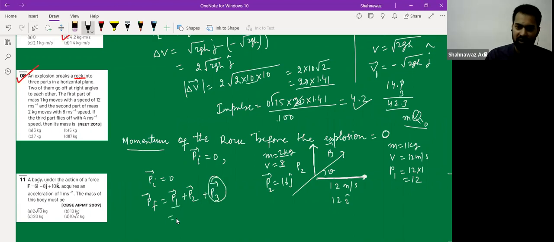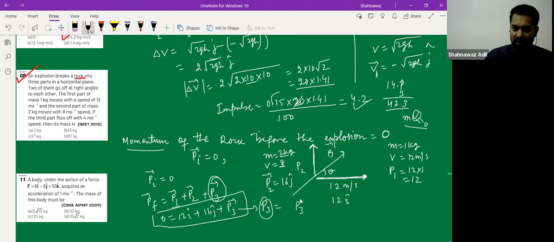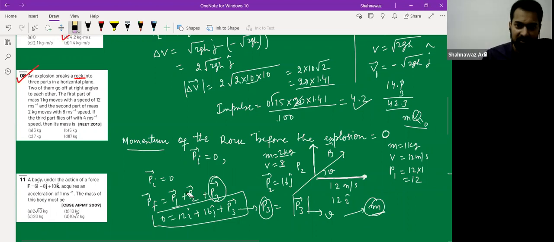We know P1, which is 12 I, plus P2, which is 16 J, and this is P3, and this equals 0. So the hint is that you calculate P3 and its magnitude, and then, since the velocity is given, from that you calculate the mass. So this is your hint. I have completed 50% of this question. The rest you do. Any doubt?